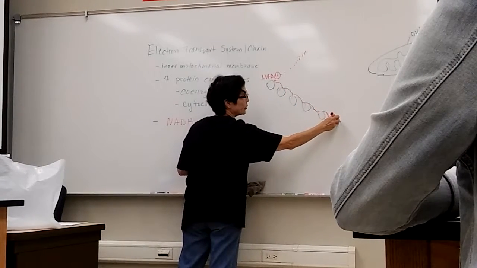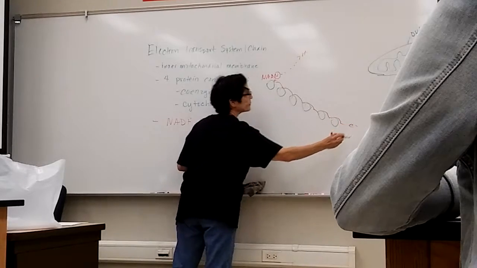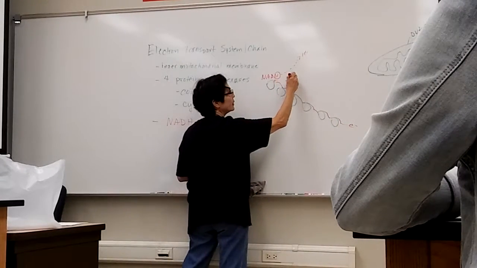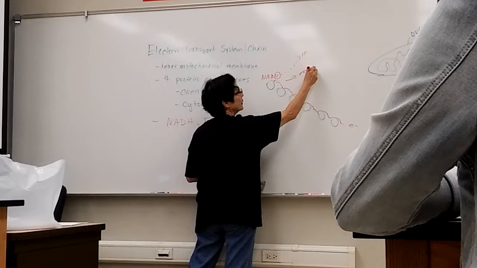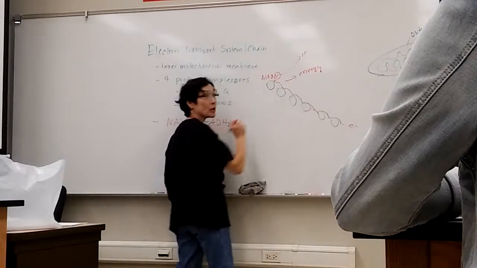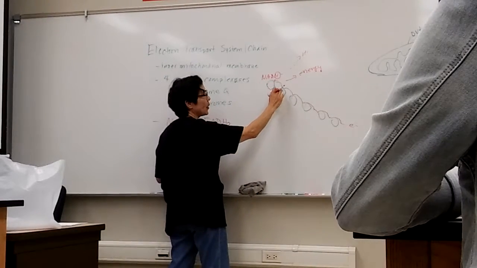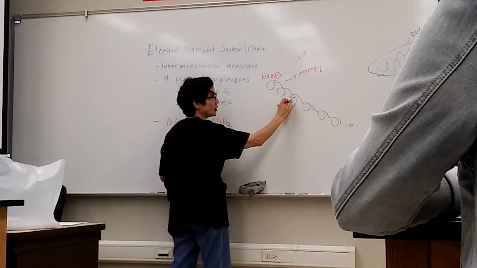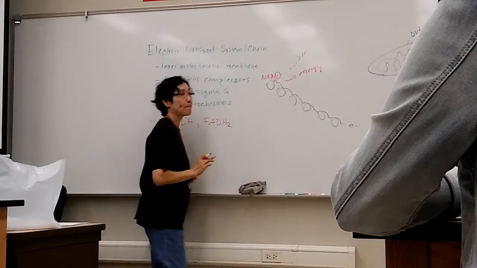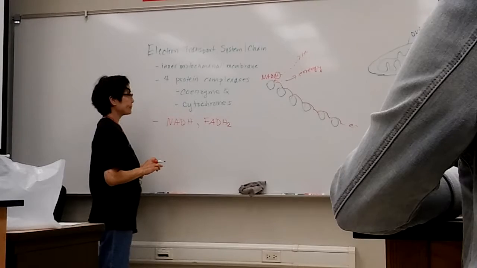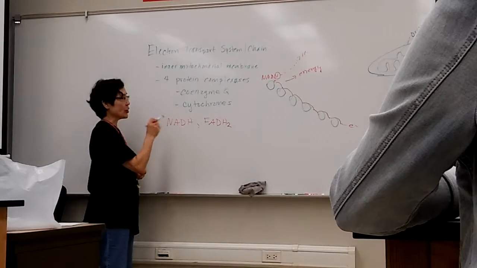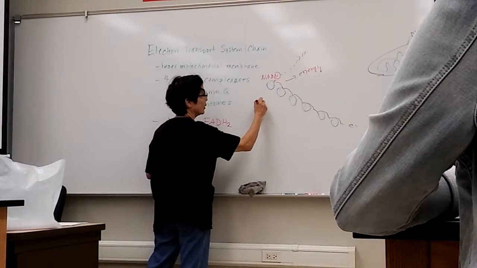Reduce, oxidize, all the way down to here. The energy is also going to be given off that was stored in these electrons. In order for the electron to go from one molecule to another, it has to be at lower energy levels. The FAD doesn't have as much energy, so it enters a little bit lower in the chain.